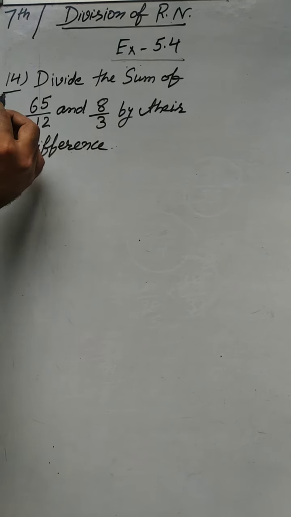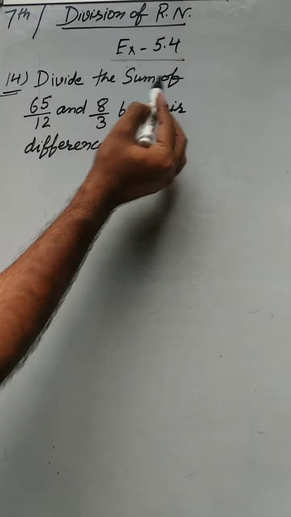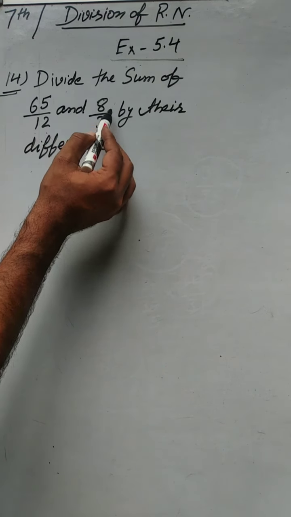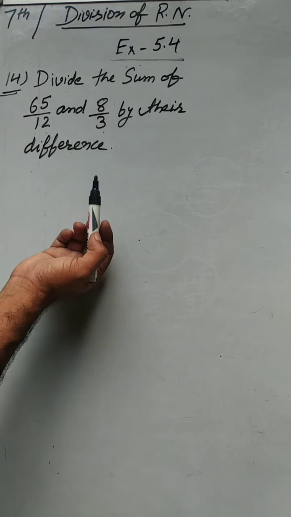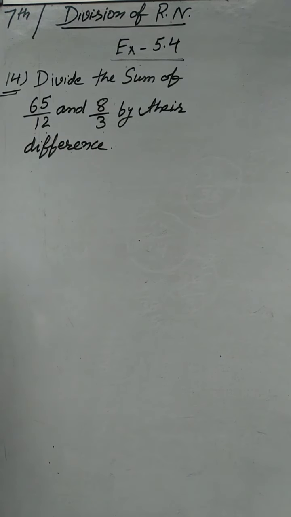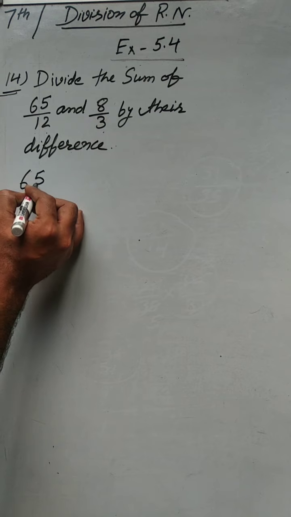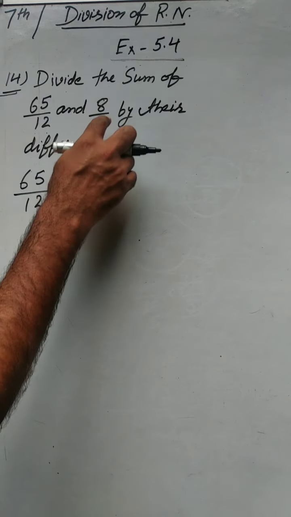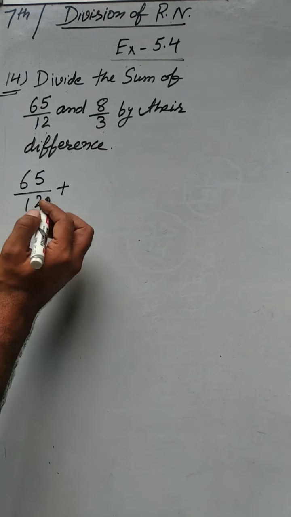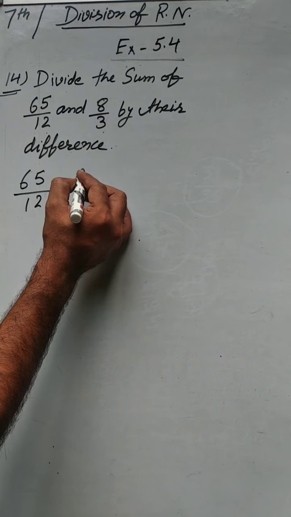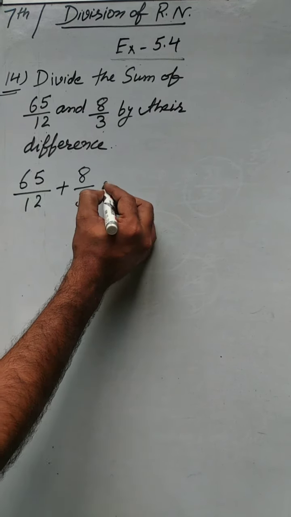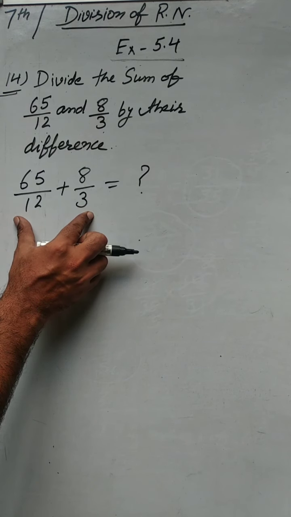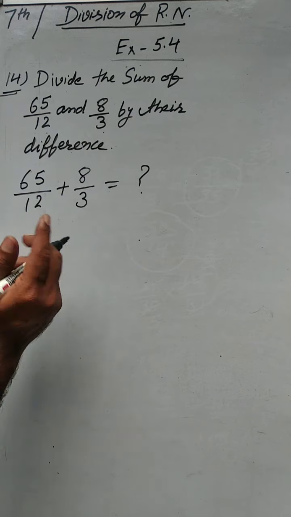Yes beta, question 14th. Divide the sum of 65 upon 12 and 8 upon 3 by their difference. Means beta, as like the previous question, first of all we have to find the sum of 65 upon 12 and 8 upon 3. Means 65 upon 12 plus 8 upon 3 you will find first. You have to divide that sum by their difference.